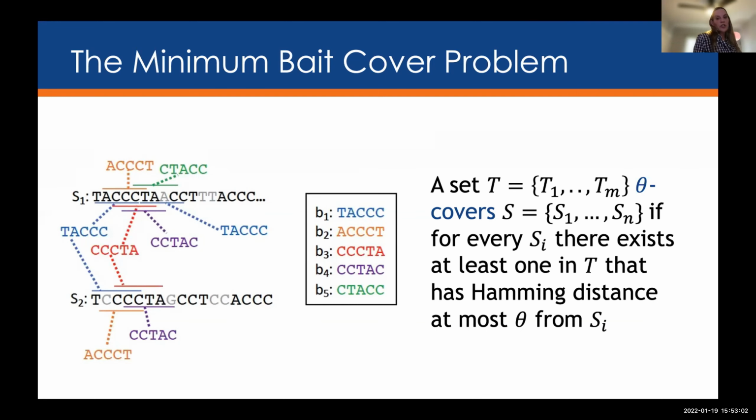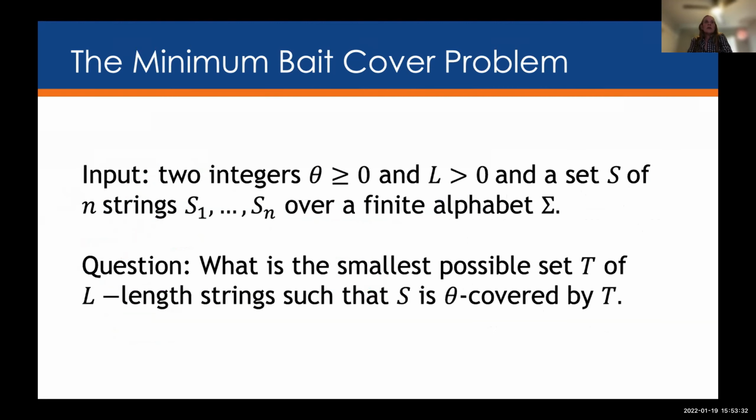Now, what we illustrated on the left-hand side here is the idea, which is maybe apparent by now, that more than one bait can cover more than one sequence and more than one subsequence within a sequence. So this is where the idea of trying to minimize the number of baits comes into play. Our formulation, which we refer to as the minimum bait cover problem, takes in 3 inputs.